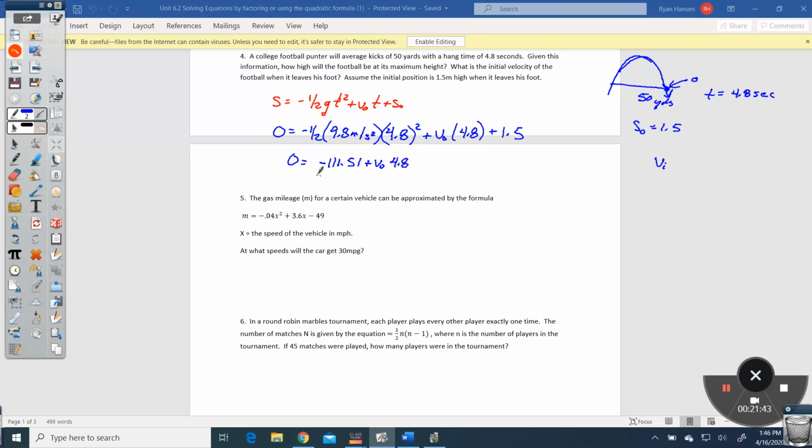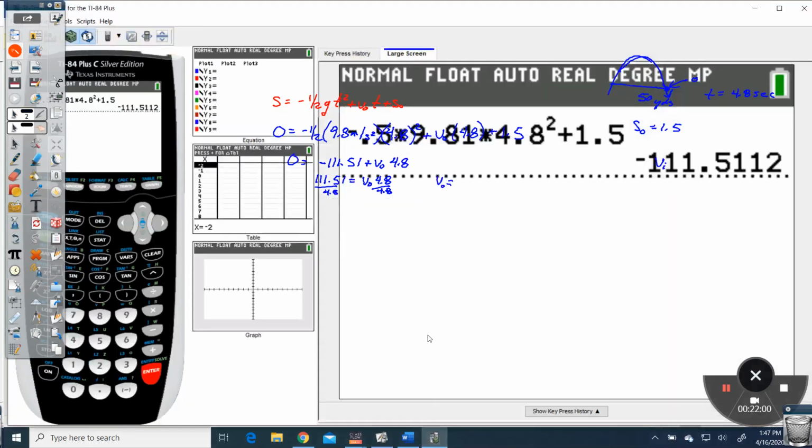So I'm just going to add that to the other side. So I now have 111.51 equals v naught times 4.8. So to find my initial velocity, I just have to divide by 4.8 now. I go back to my calculator, and it already has the 111, so I just divide that by 4.8 and realize that the negative is gone.